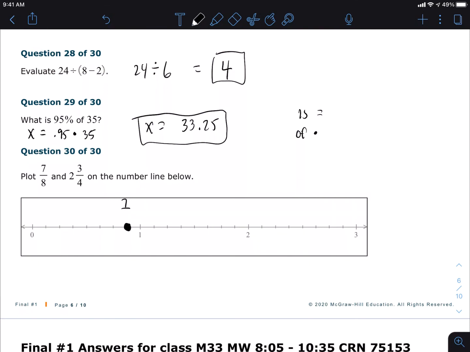That is 7/8. Okay? Then 2 3/4 should be something that is between 2 and 3. And remember, each one's an eighth. So 1/8, 2/8 is a quarter, correct?